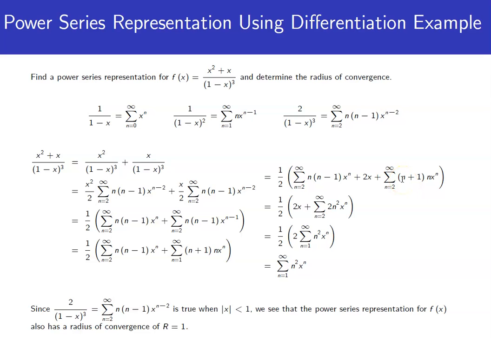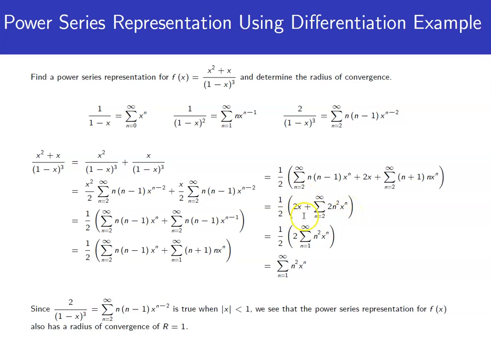So now I can combine them by adding their terms together. Well, this would be n squared times x to the n, and then a minus n x to the n. This gives me n squared x to the n, and then a plus n x to the n. So minus n x to the n plus n x to the n will cancel each other out. So we just get a 2n squared x to the n.